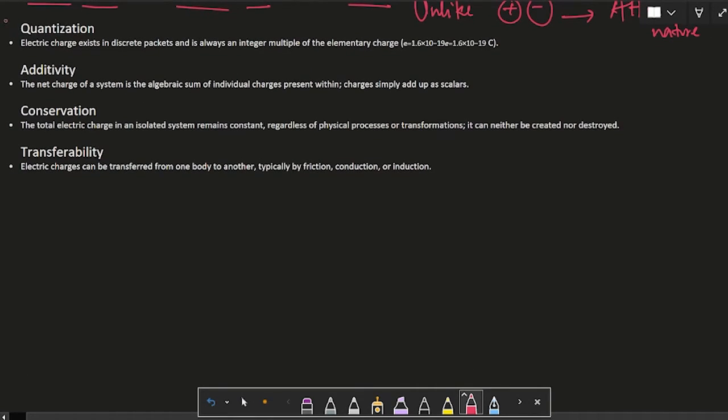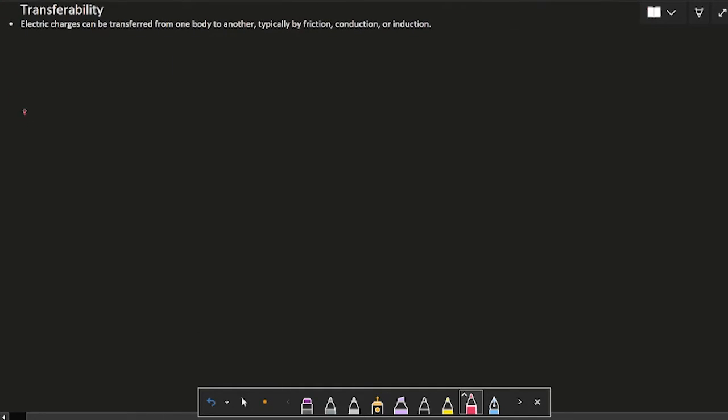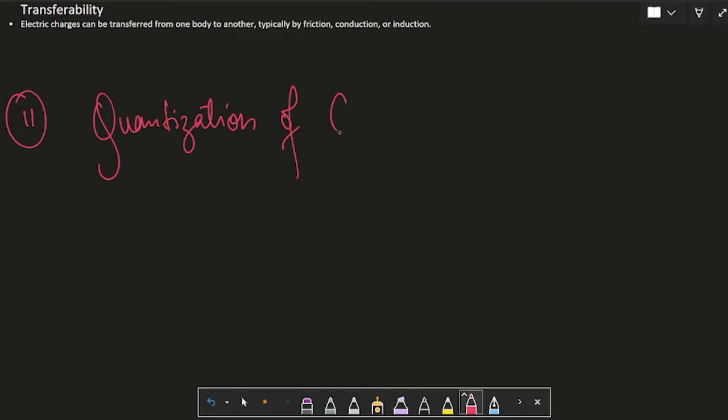The second property is quantization. This is an important property. It says electric charge exists in discrete packets, as an integral multiple of the elementary charge. So we need to understand this. Quantization of charge says that all charges either exist or get transferred in packets.